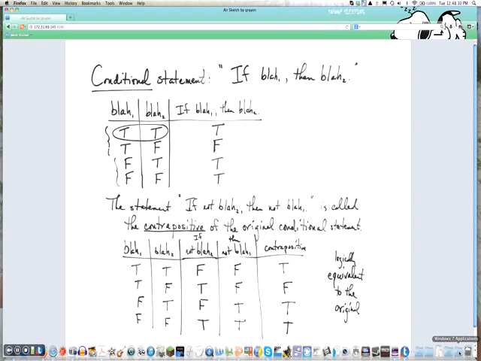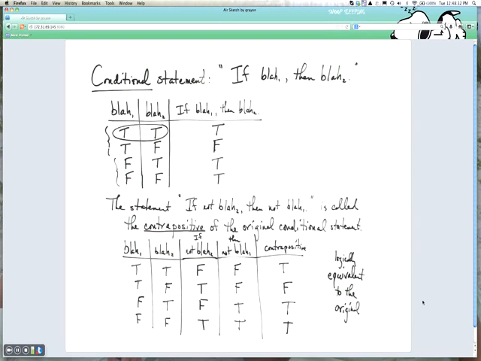Now, today in class I was actually able to lecture a little bit to you about the stuff we're going to talk about. In fact, I did a little background work on the logic, talking about conditional statements, what a conditional statement is. We're going to use a lot of conditional statements in the course of proving things, and I went through a little discourse on, if blah sub 1, then blah sub 2, what does that mean?